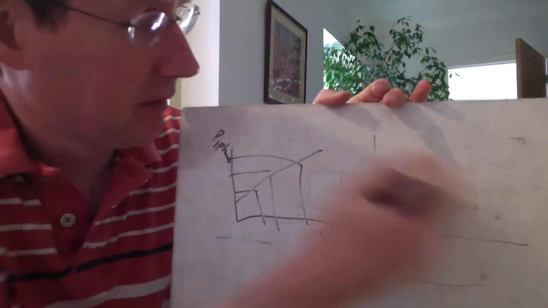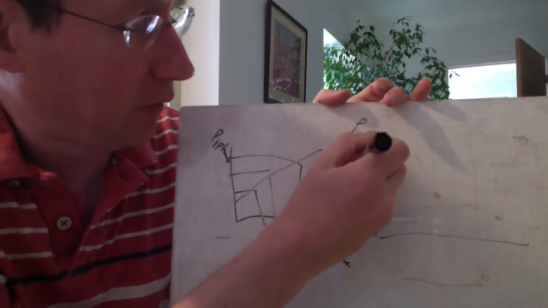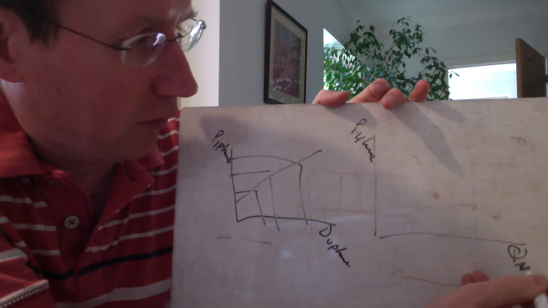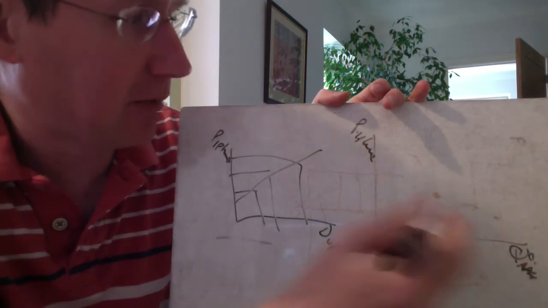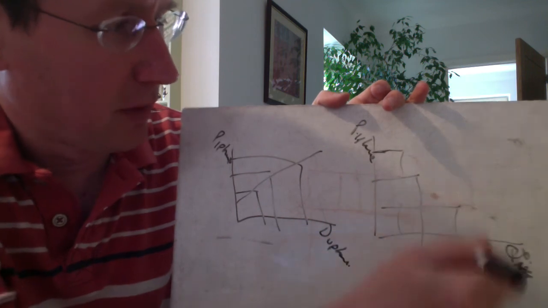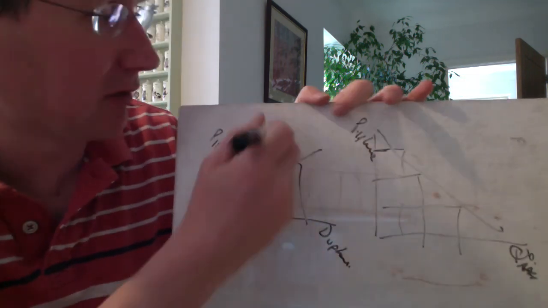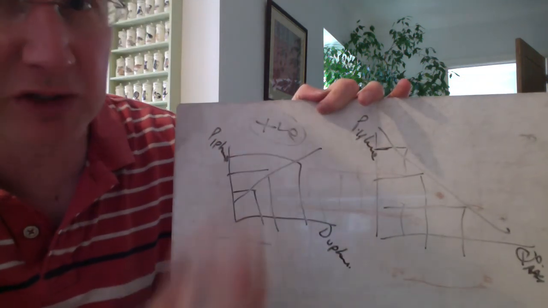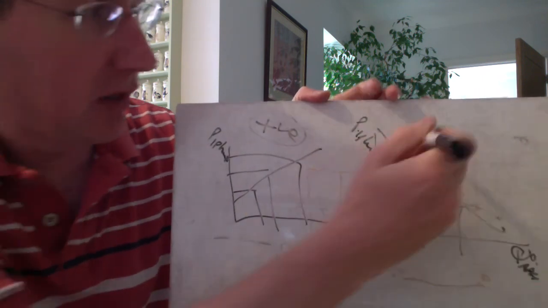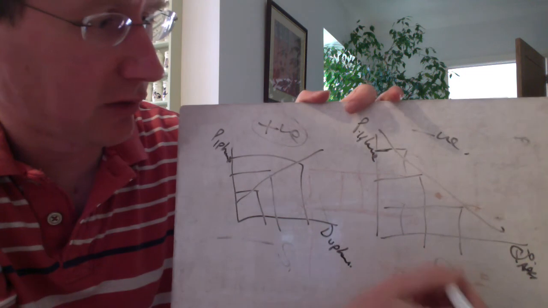On the other hand, as the price of iPhones goes up, the quantity demanded for apps goes the other way. So as the iPhone gets cheaper, more people buy apps, and that's your negative. So that's why you have a positive cross-elasticity of demand for substitutes, but a negative cross-elasticity of demand for complements.